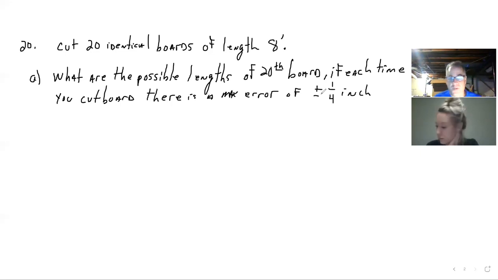So you could either be a 1/4 of an inch too long or a 1/4 of an inch too short on your cut.